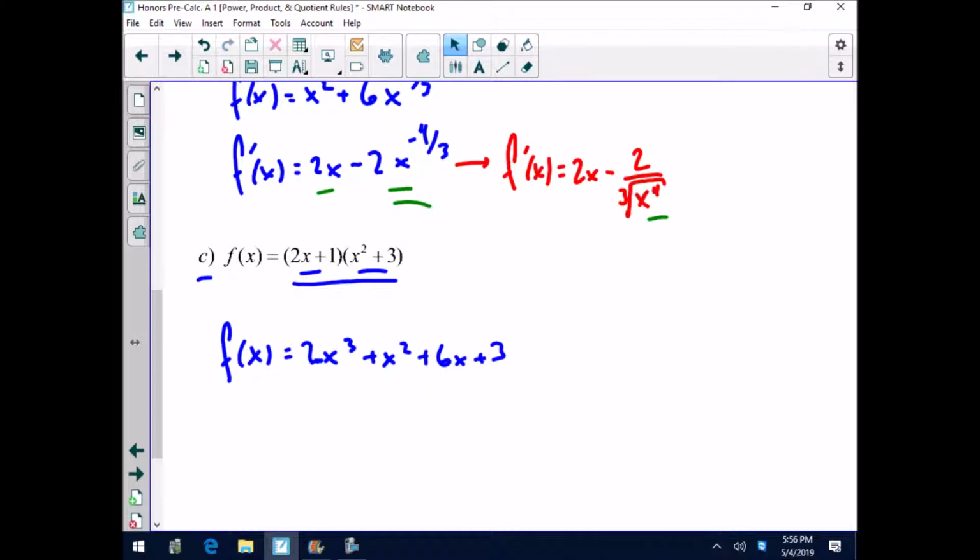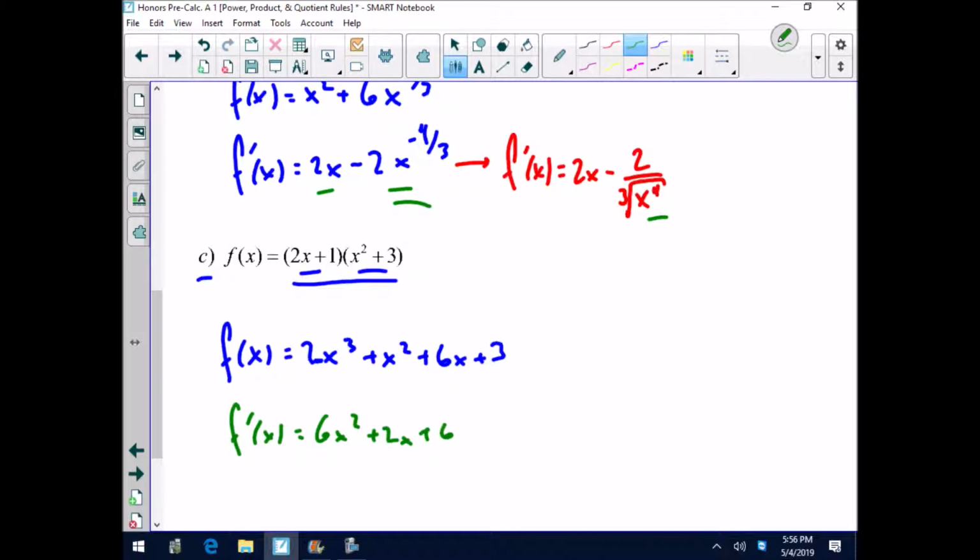Now, we can take the derivative of this pretty quickly with the power rule, and we would get 6x squared plus 2x plus 6 as our derivative, right? And right here, we know that this is the derivative of this statement. We rewrote our product, expanded it out, basically did all the multiplication, and then we took the derivative of this form of our function, and we know that this is going to be the derivative, right?